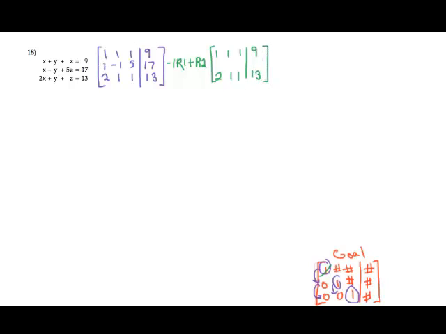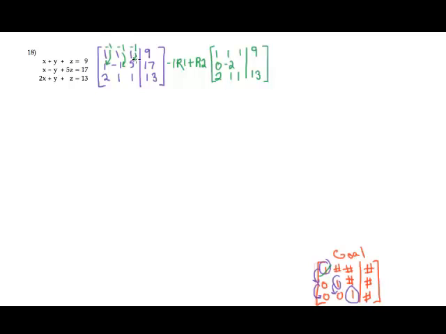We need to figure out what row 2 will be. So everything in this first row, we're going to multiply by a negative 1, then add it to row 2. So 1 times negative 1 gives me negative 1. And then I would add that to the second row, which is 1, and get 0. 1 times negative 1 on the second element would be negative 1, and then I add it to row 2, which is negative 1. Negative 1 plus negative 1 is negative 2. 1 times negative 1 is negative 1.